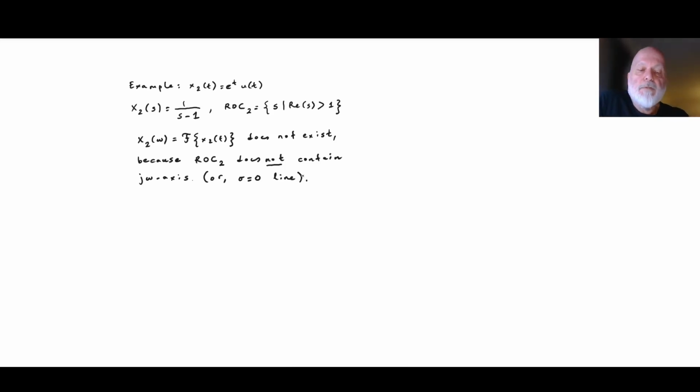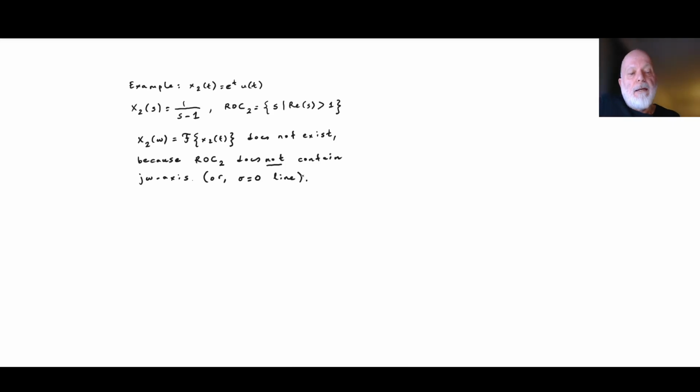We can carry out this substitution only if the region of convergence contains the j omega axis.